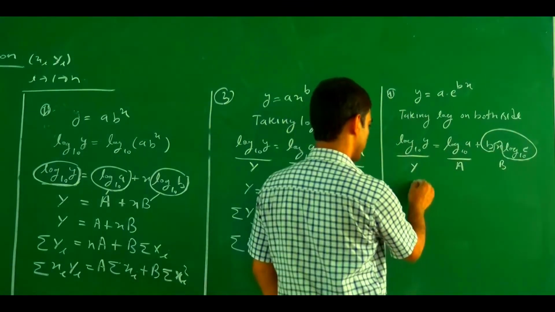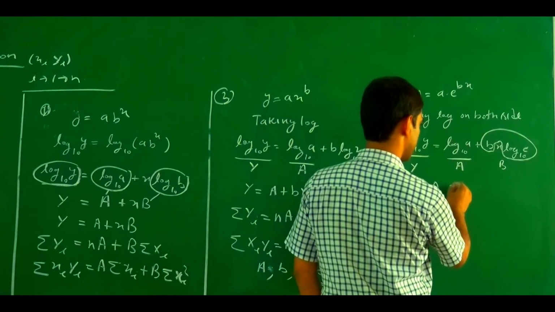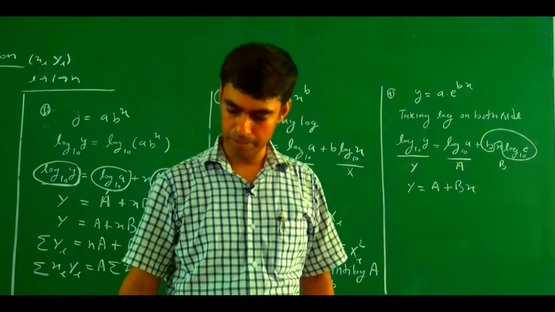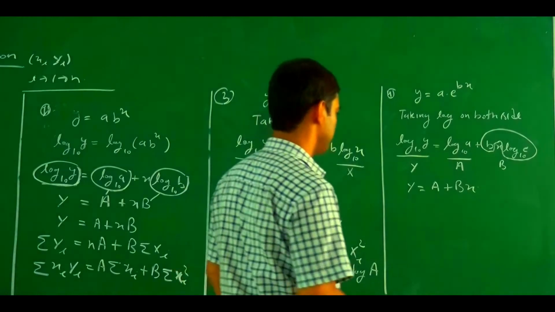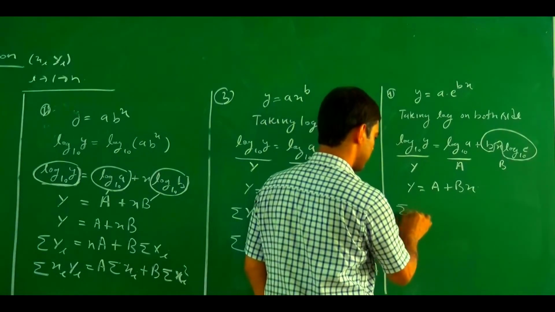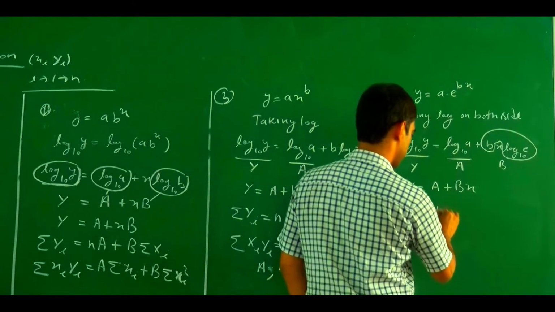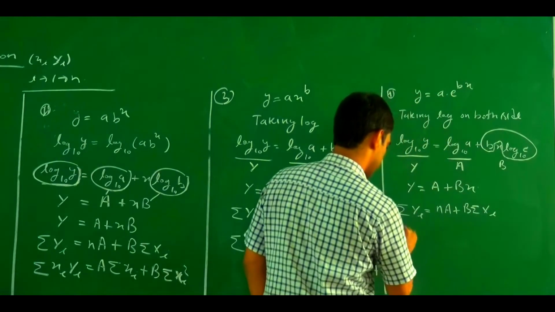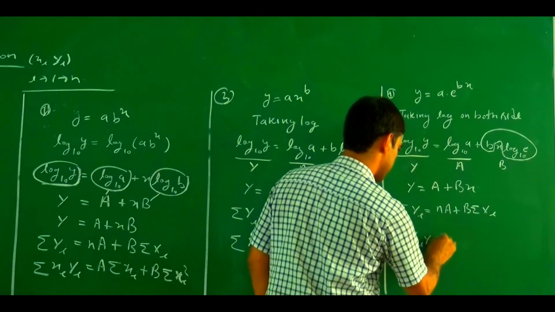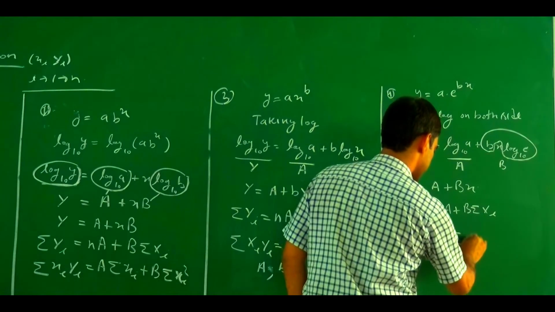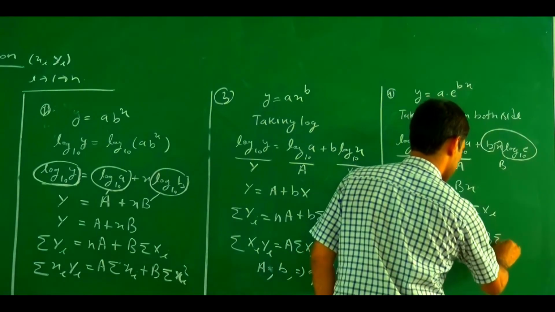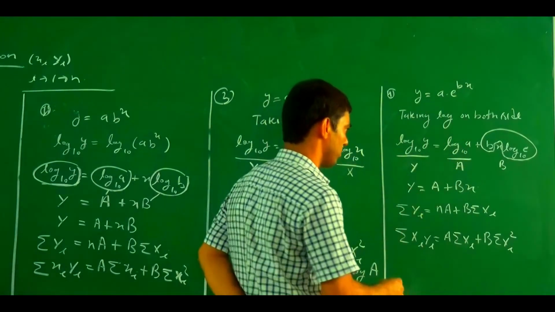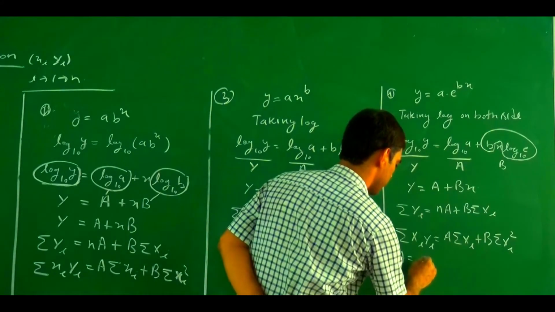And this one is X. So Y equals A plus capital B X. Again we write the normal equations of this: the summation of yi equals n capital A plus b summation of xi, and the second one is the summation of xi yi equals A summation of xi plus b summation of xi square. Then after solving this system of linear equations, we find the values of A and B.